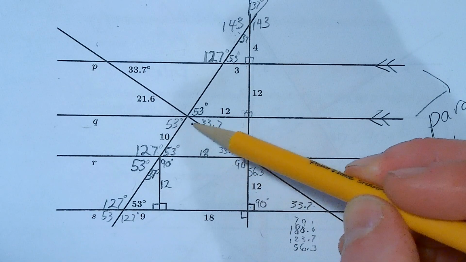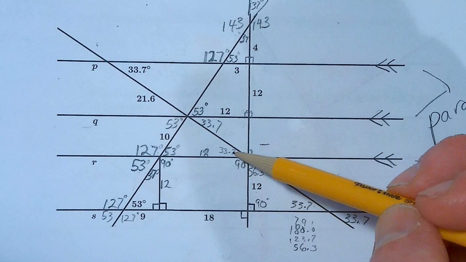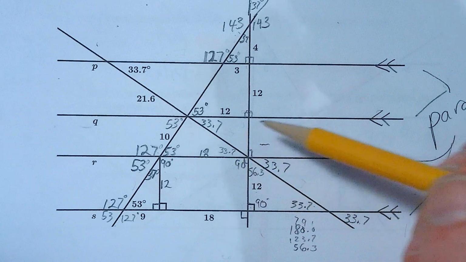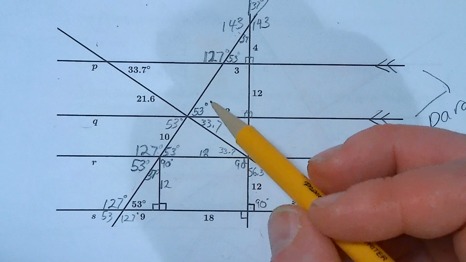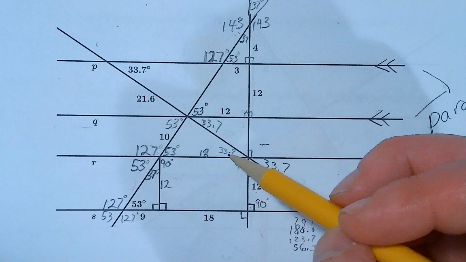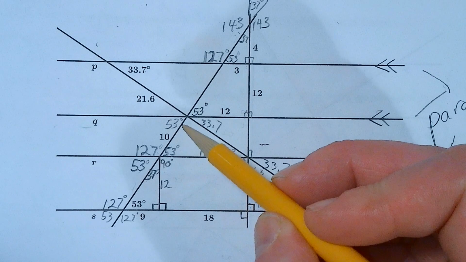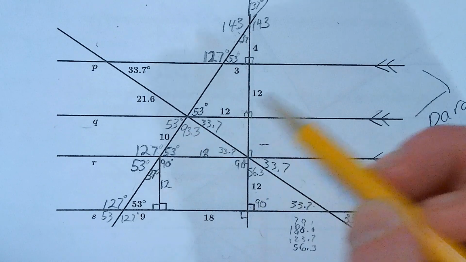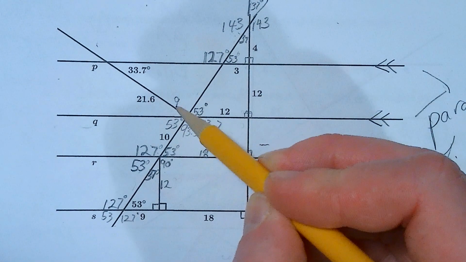And then this is 186.7, or sorry, 86.7. Is that true? So this is 93.3. Okay, I can buy that. And this is 93.3.